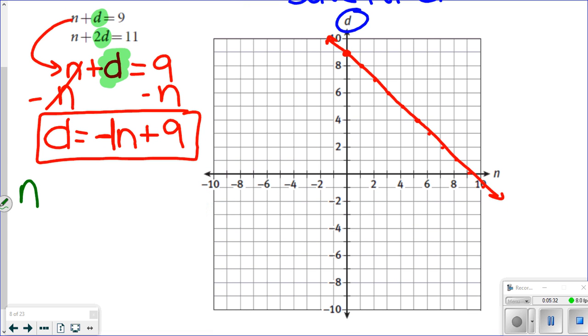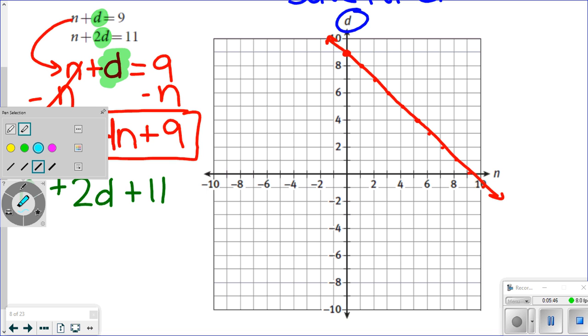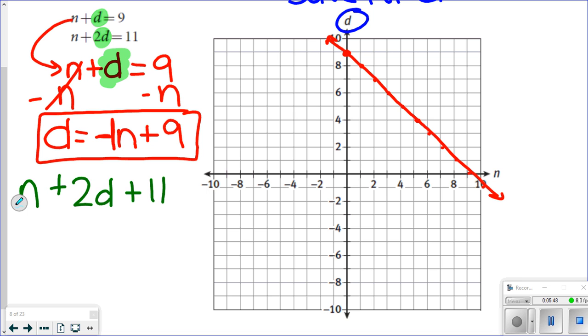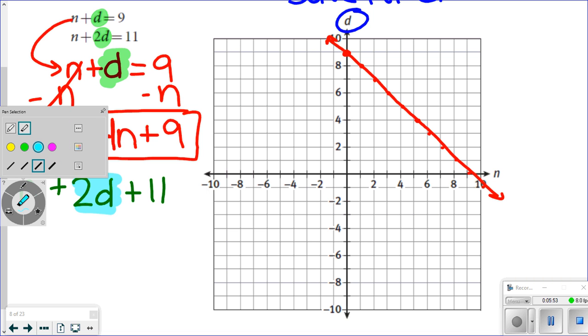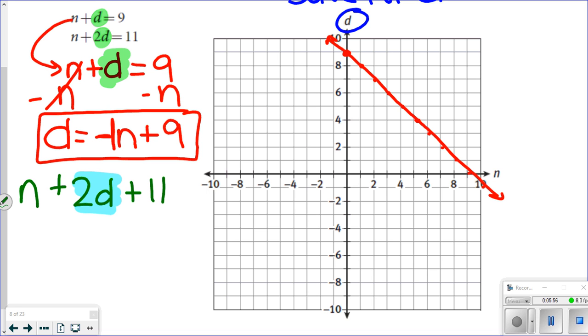And then my second equation, subtract. We want to get 2d by itself, so we're going to subtract n.